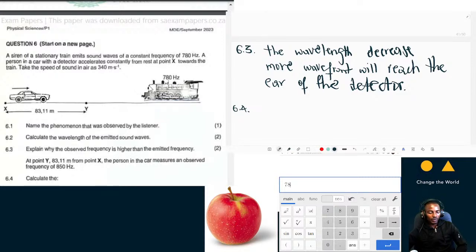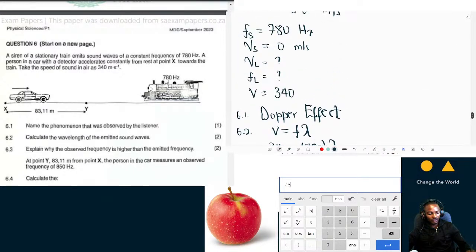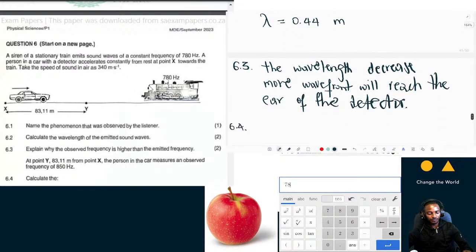So now we are given the frequency of the listener, which we didn't know initially. It is 850 hertz, which is greater than the frequency of the source. Now we need to calculate the speed of the car at point Y.